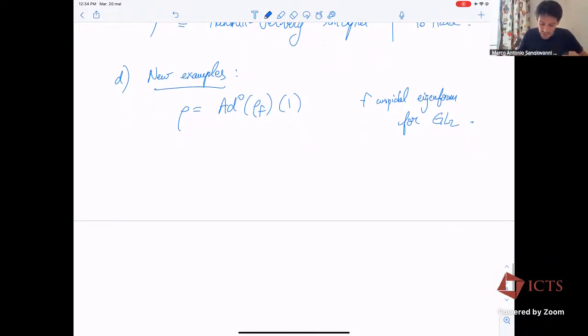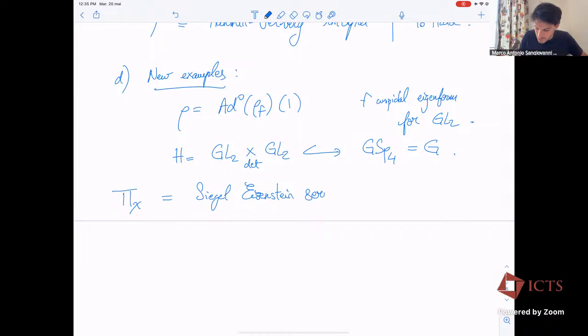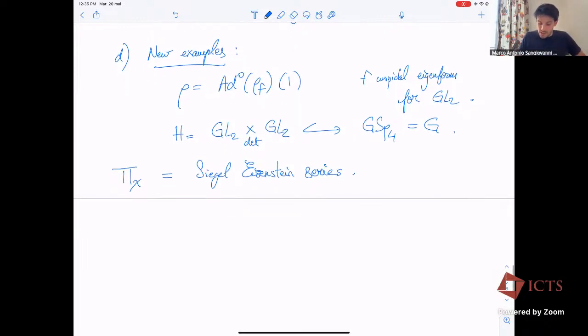And so what are the groups? Now the groups are GL2 over Q, GL2 inside which group? Well, GSp4. This is my G. And now what is the degenerate family of Eisenstein series? This is pi chi, the Siegel-Eisenstein series. And what is the period integral?